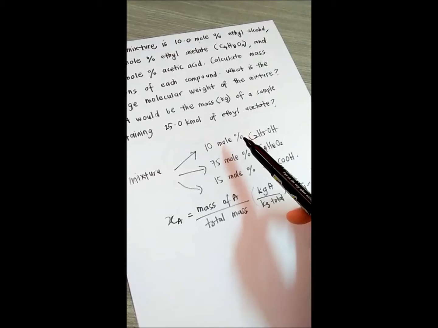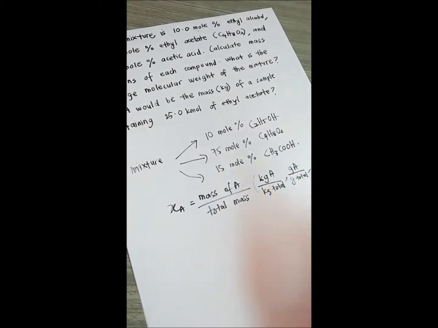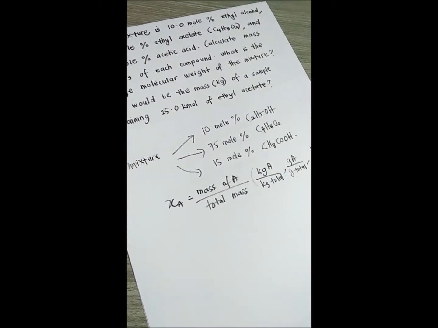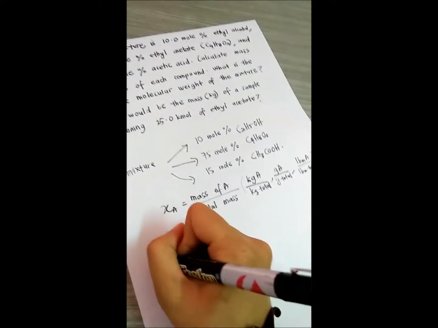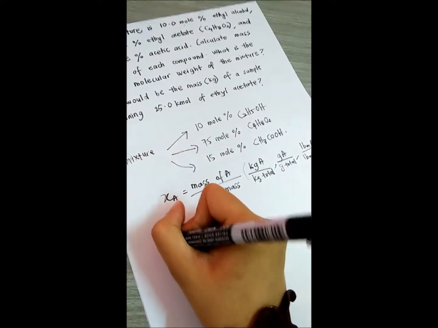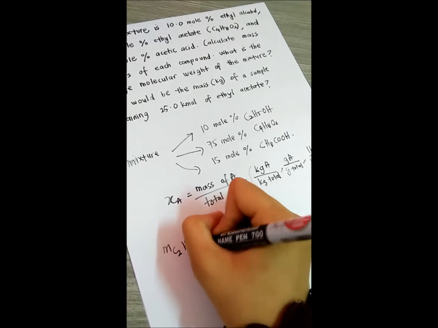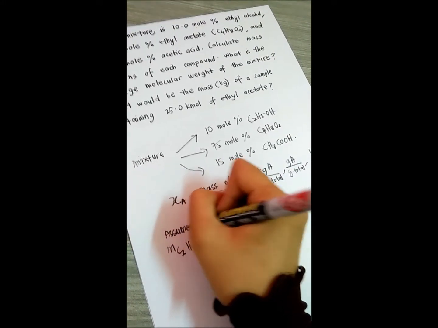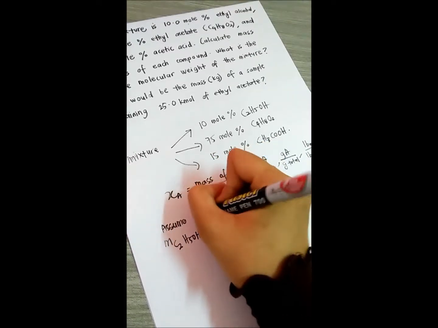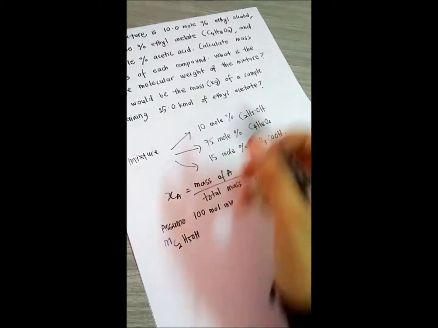So now you have to calculate the mass of each compound. Let's calculate the mass of ethyl alcohol. You can assume a basis of 100 mole of the total mixture.